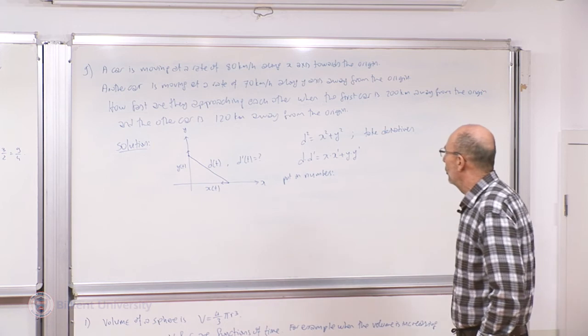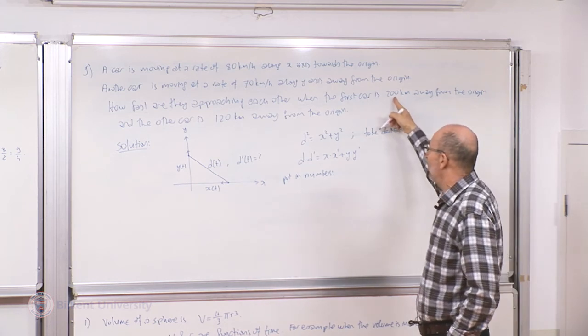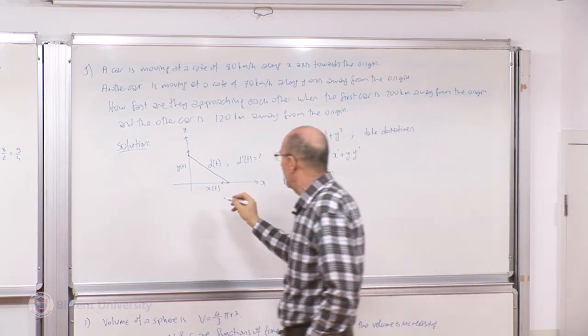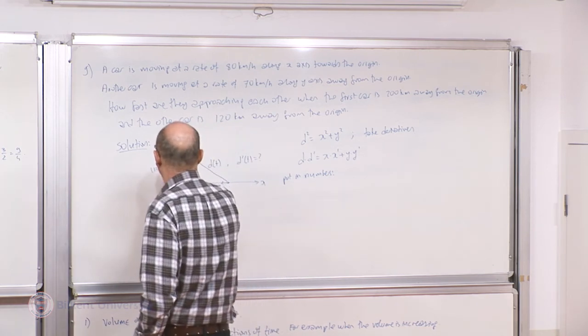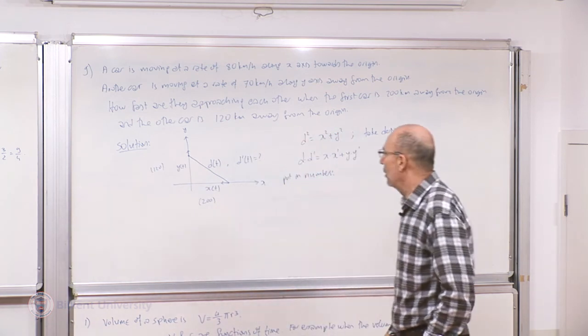d I don't know, but if this one is 200 and the other one is 120, that determines what d is.